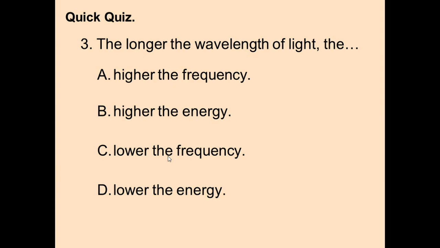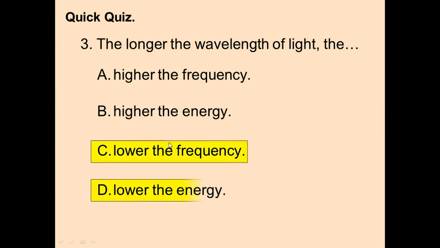And if you remember, radio waves are the weakest. And so the longer the wavelength of light, the lower the energy. That's definitely true. And if you remember, the longer the wavelength, the lower the frequency, because these waves are so long, it takes so much time for them to pass through. So it is also lower the frequency. So C and D are correct.